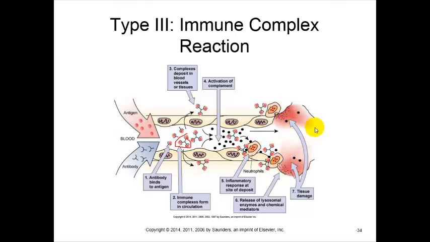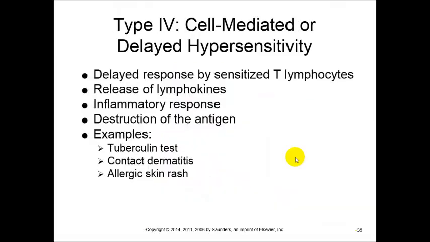This looks like the glomerulus, somewhere like that. Okay, it deposits, and then what are we going to do? Destroy that tissue. So it deposits, gets destroyed. Not very good. Anyways.